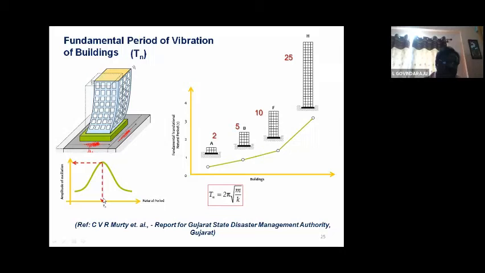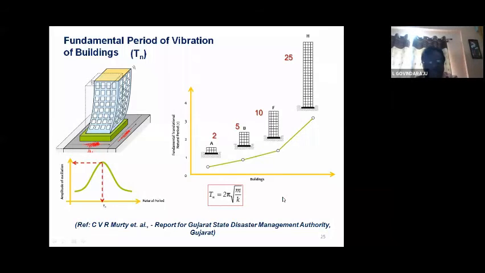And this is the diagram which can exhibit a 2-story, a 5-story, a 10-story, and then a 25-story building. As the number of stories increases, the natural period of vibration will also increase. It means the frequency will decrease.